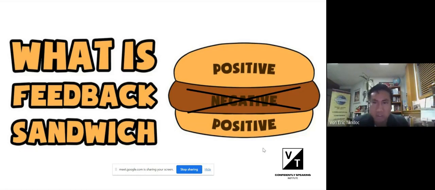In the illustration, you can find here a picture of a burger sandwich, right? But in my illustration here, I put positive, two positive, in the middle is negative. I cross out the negative for one purpose, and that will be touched on in our presentation.